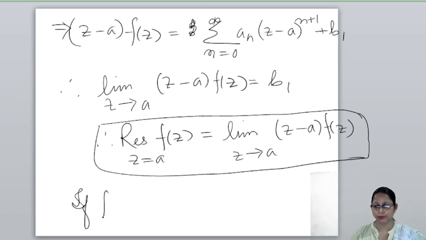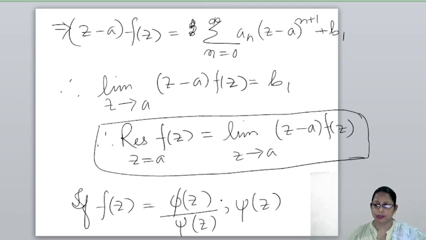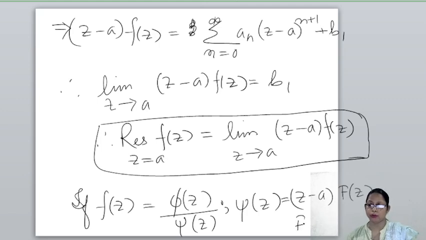If f(z) can be represented by phi(z) by psi(z), where psi(z) is given by (z minus a) times some function, and that function at a is not equal to 0.